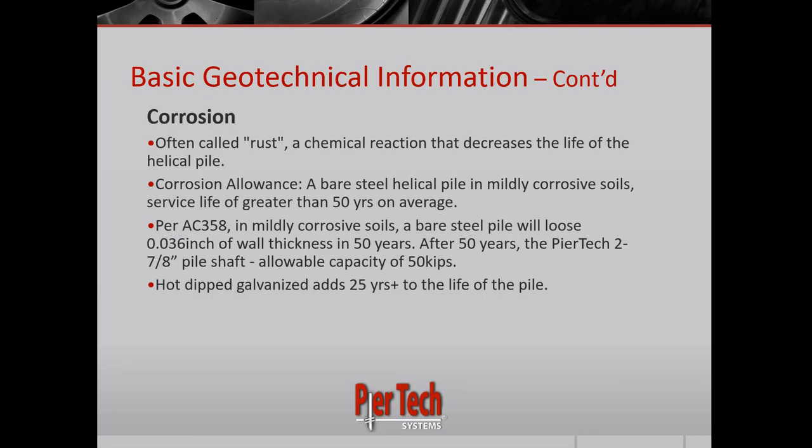This type of protection is great because it works very well when you're installing into the ground and does not polish off while it's being installed into the ground, and it adds typically in that 25 years plus in the average soil conditions. Some soil conditions it'll add quite a bit more, and some it'll be quite a bit less.